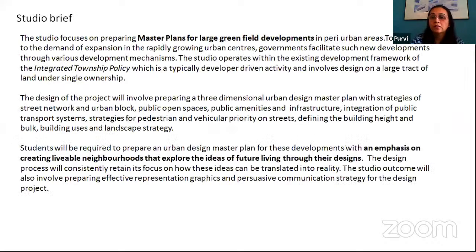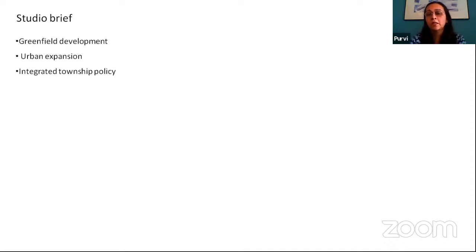The studio emphasis is on creating relevant urban form for livable neighborhoods that explore the idea of future living through the design of a master plan. The studio project is preparation of the master plan for a greenfield development occurring as a city's expansion in a peri-urban area.